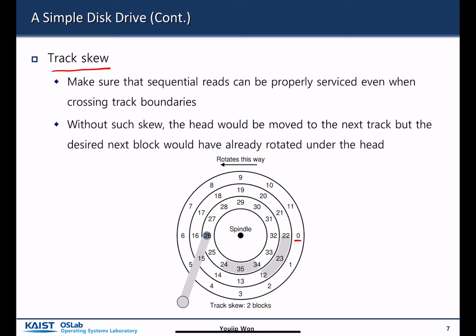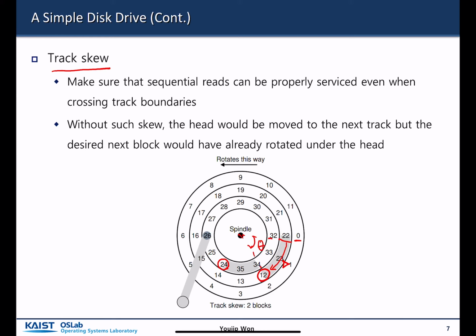And then in the inner track, starting sector number 12 starts here. And then in the third innermost track, the sector starts at 24. So there is an angle offset between adjacent tracks.